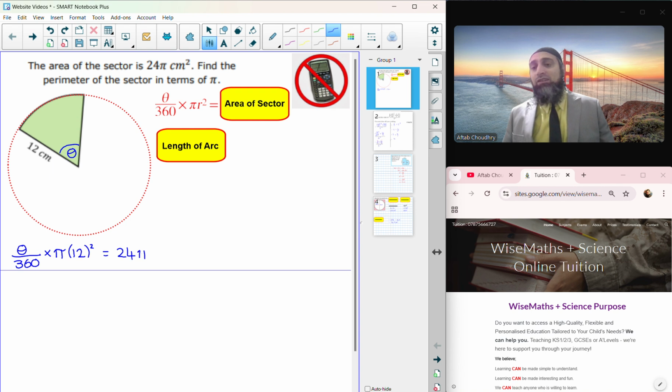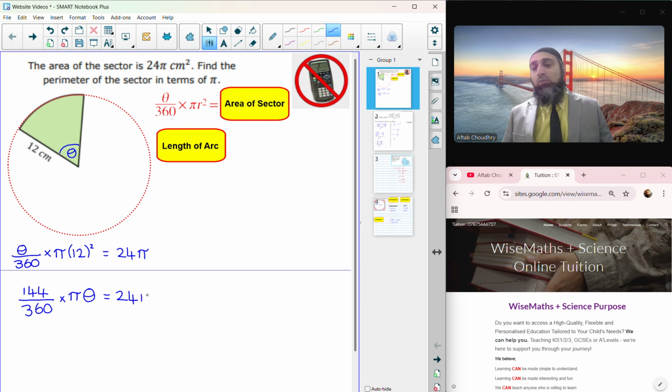Now, 12 squared is 144. So you'd end up getting 144 over 360 multiplied by pi theta is equal to 24 pi.